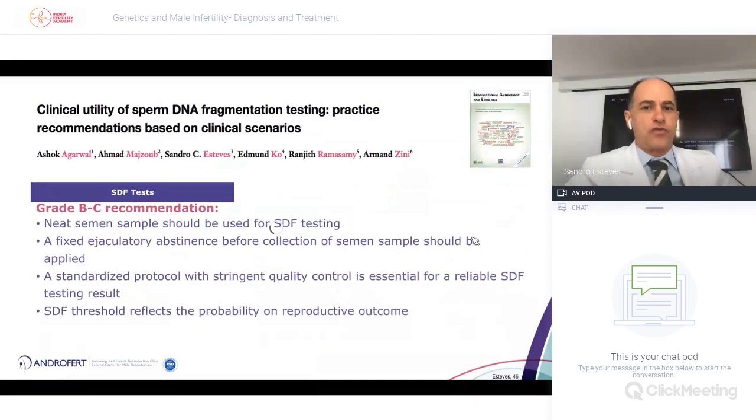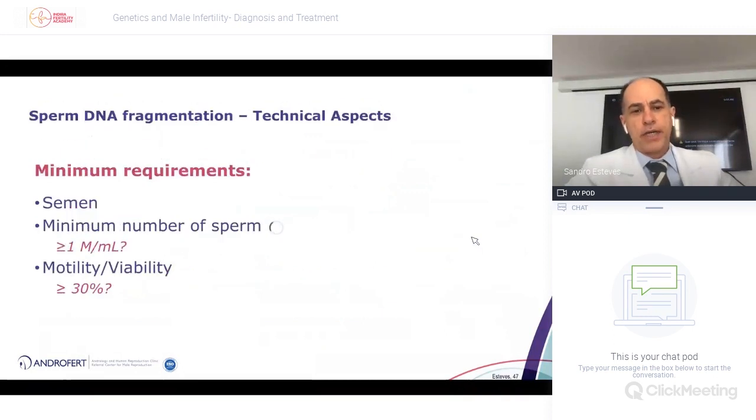will reflect the probability on reproductive outcome. The minimum requirements for sperm DNA fragmentation testing: obviously you need semen, you need a minimum number of sperm, around 1 million per ml or more, and you need at least 30% motility, because that represents that we have at least 30% viable sperm. Why is that?